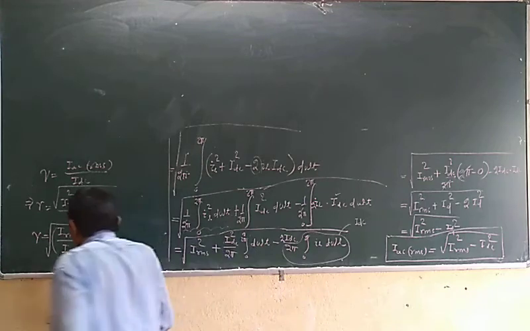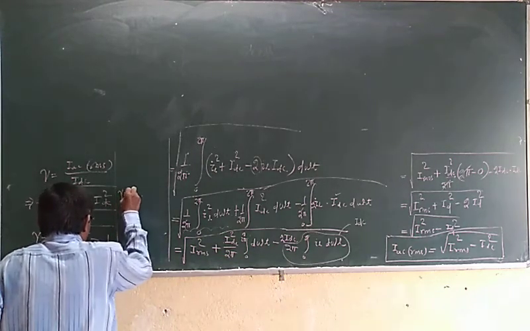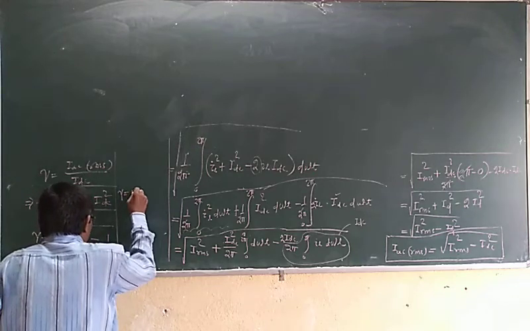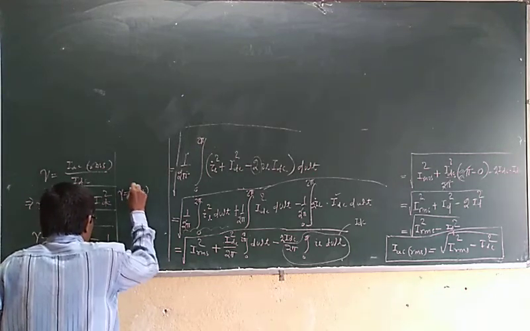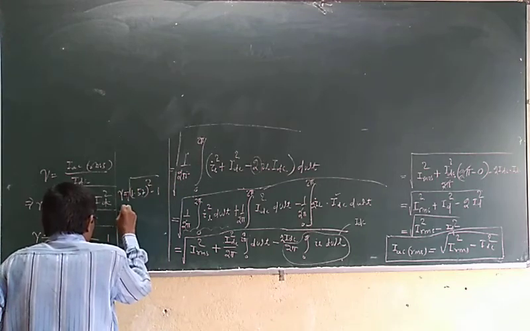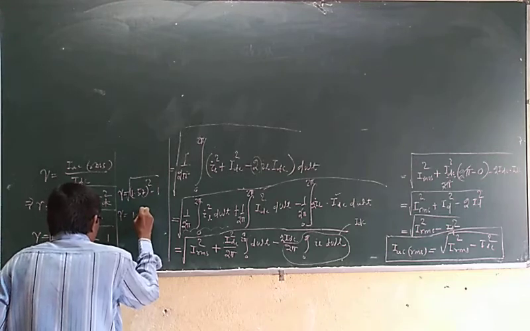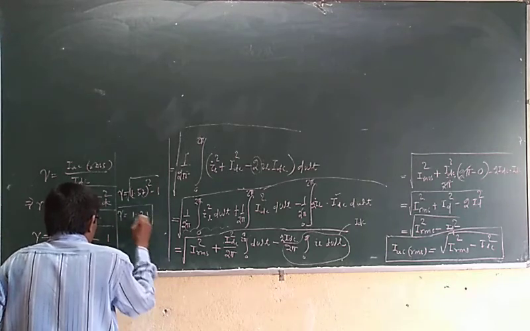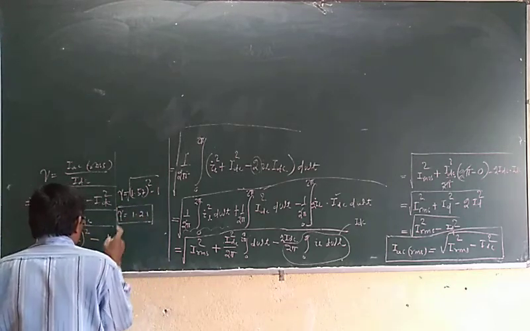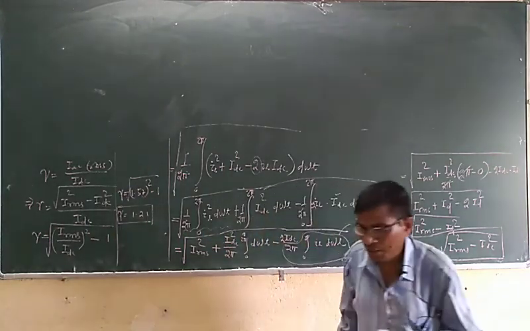So gamma equals root of 1.57 square minus 1, that is, gamma equals 1.21.